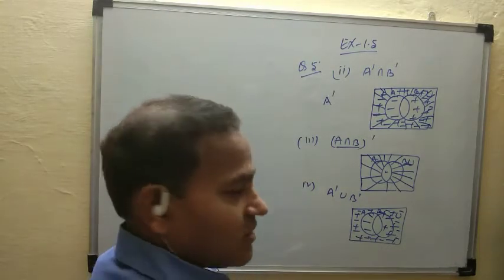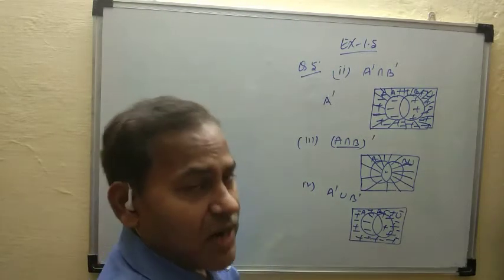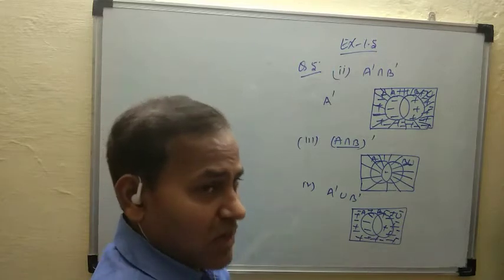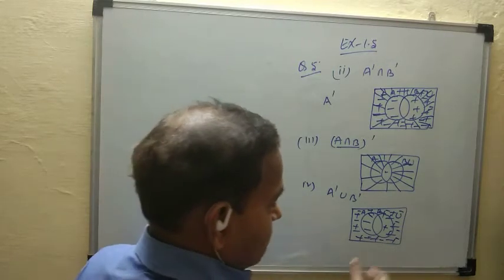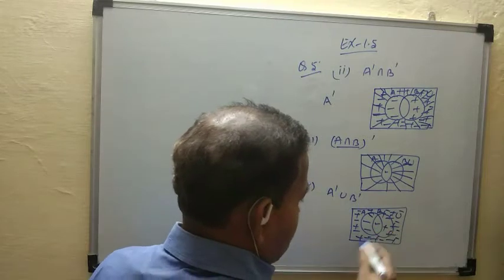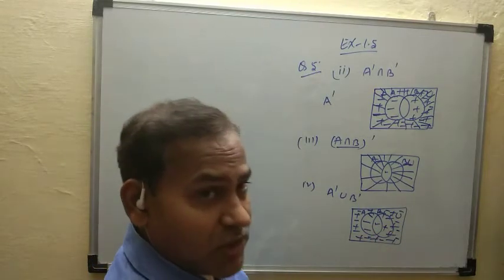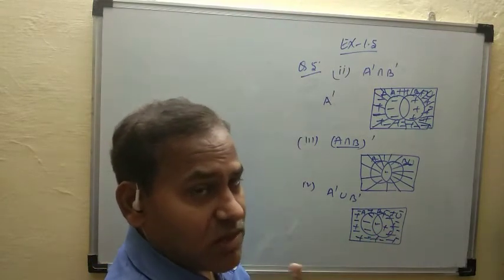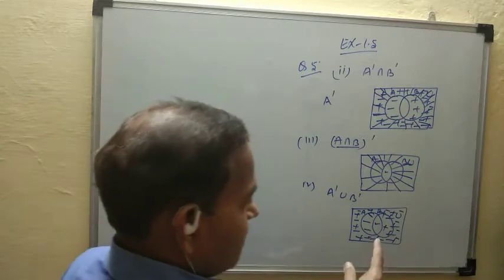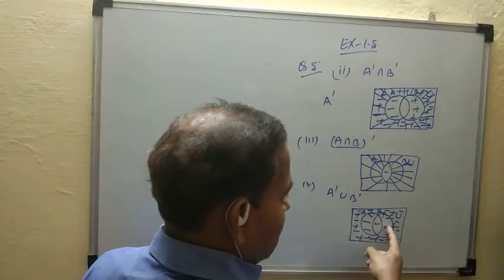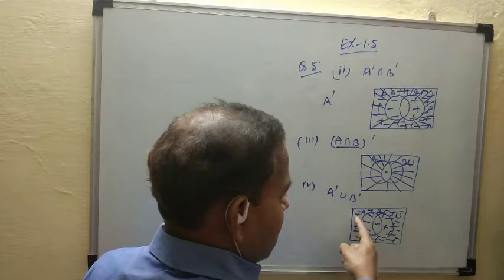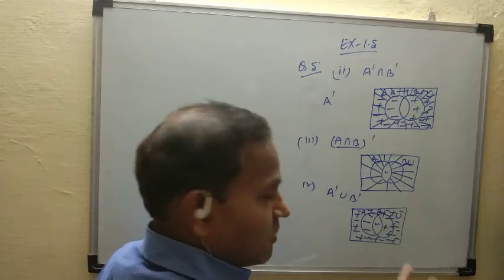And union means both are combined. Now combine both and draw the Venn diagram. So listen, this part is not any part of A dash or B dash. And here the sign plus is A dash, minus is B dash, and outside of A and B has both plus and minus.